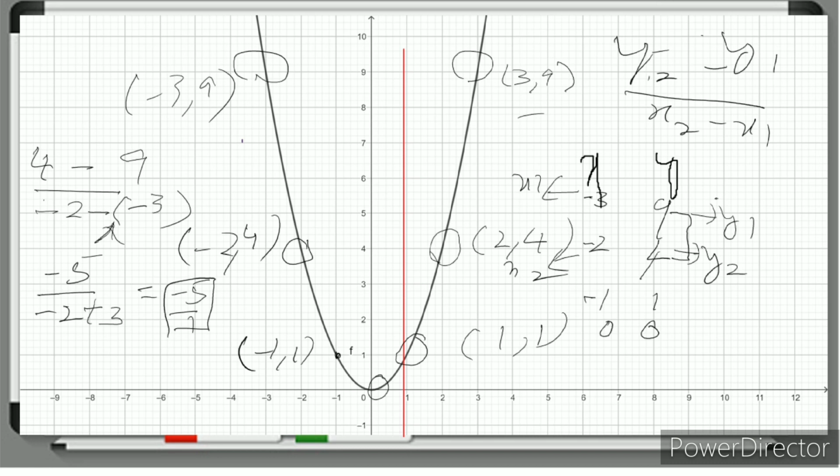Now I will take another value, that is minus 2 comma 4 and minus 1 comma 1. I will consider this as x2 and y2. So from the first two ordered pairs I got the value of m as minus 5. Now I will take another pair.